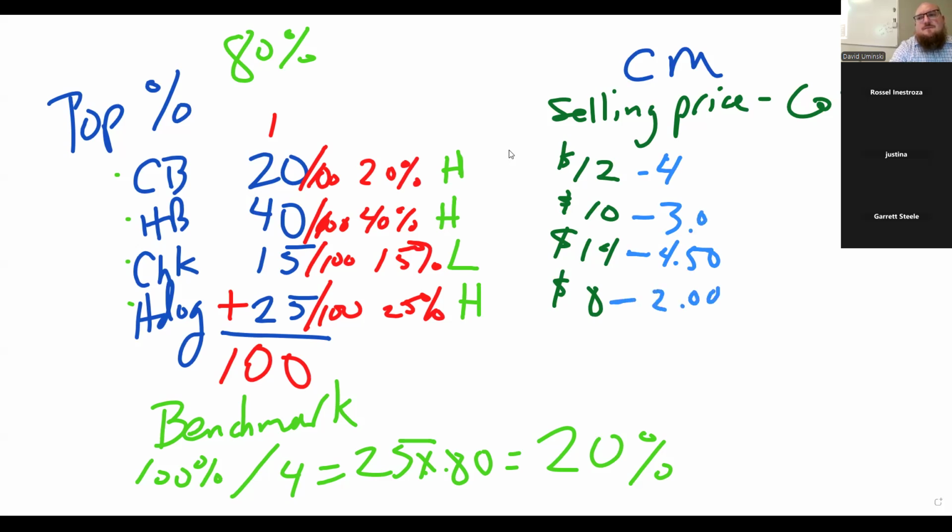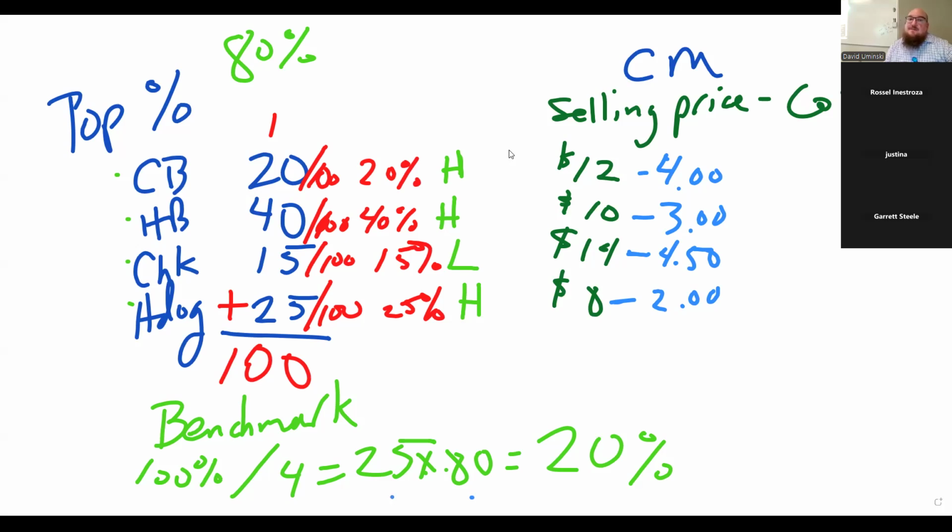So I have a question. For the popularity percentage, we used 80%. Where did the 80% come from? That is a factor that's always going to be given to you. Now, in your own restaurant, you're going to want to establish what that percentage is. Basically, to be considered popular, we have to find 80% of the average popularity.